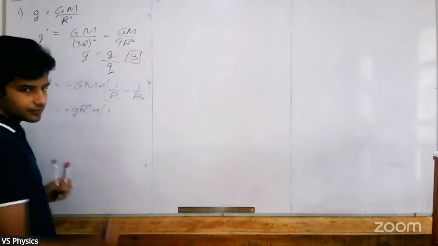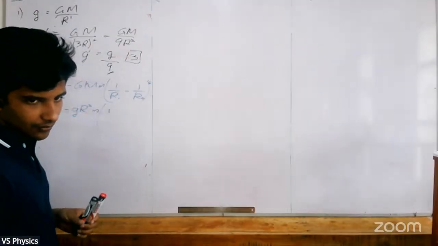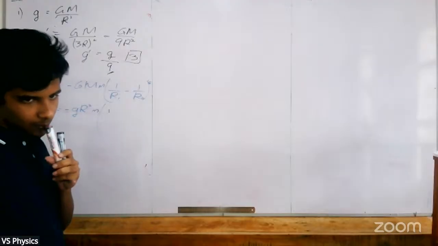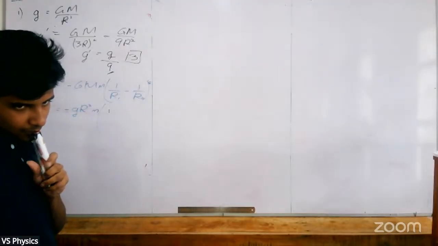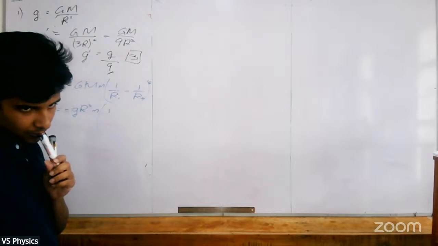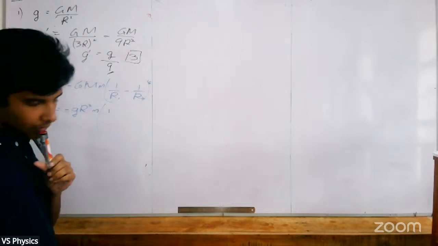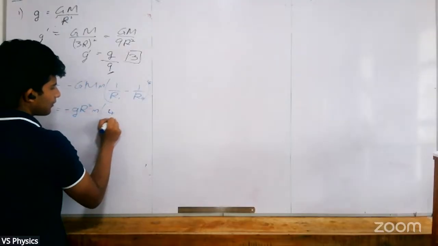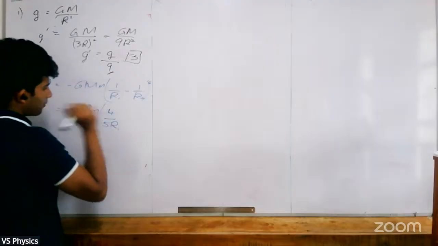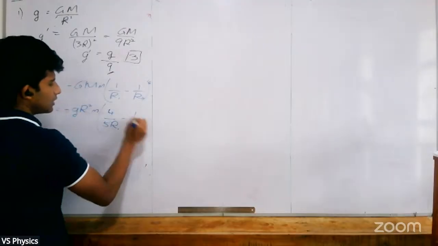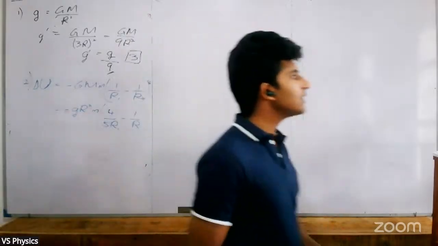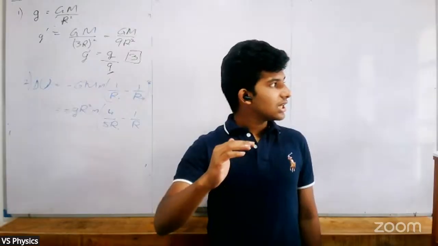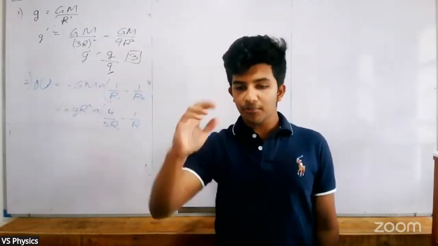We have minus, isn't it? We have this value. What has happened here? They say the height is r over 4 from the planet's surface.